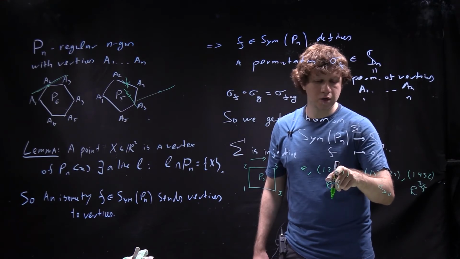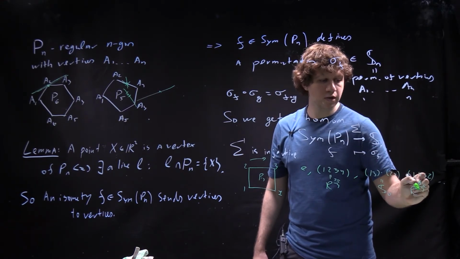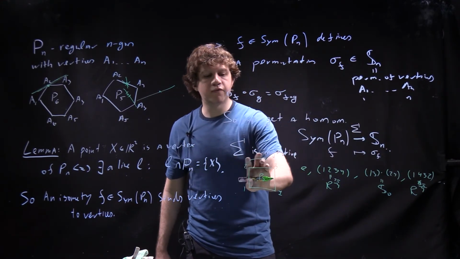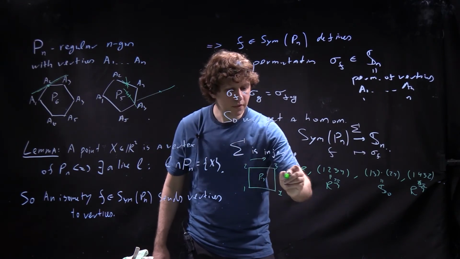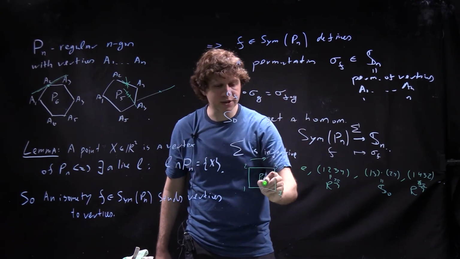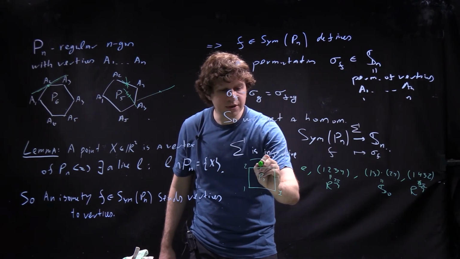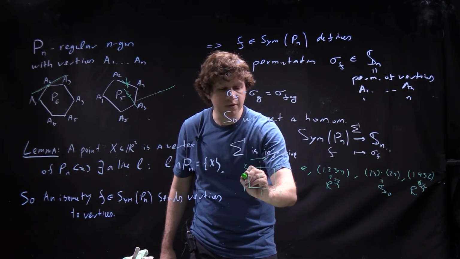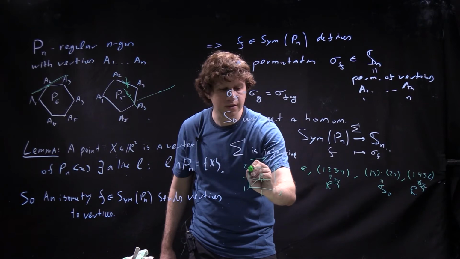Rotations by 2 pi over 4, 4 pi over 4, 6 pi over 4. And these are 4 rotations. And then there are several reflections. So there is a reflection with respect to this axis of symmetry, this axis of symmetry, this, and this.